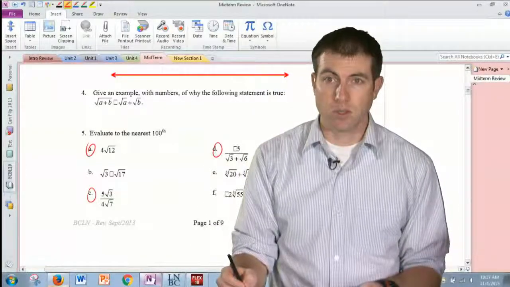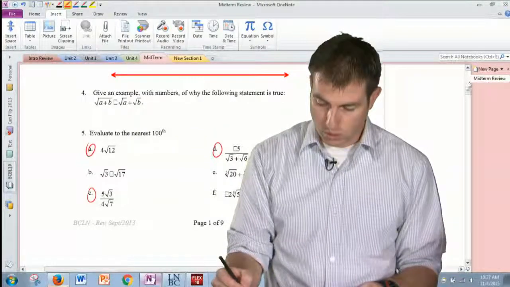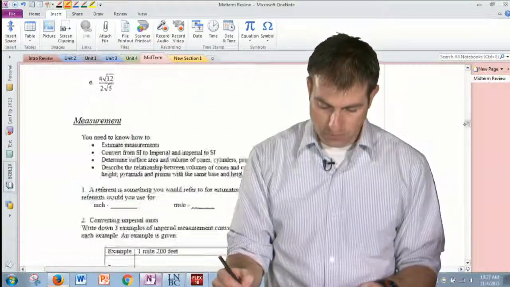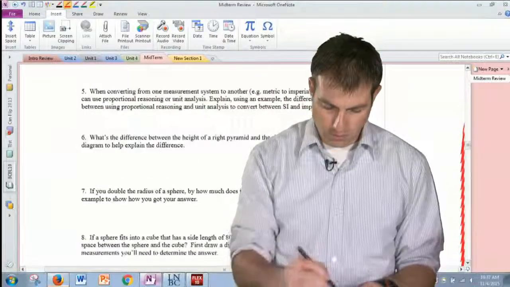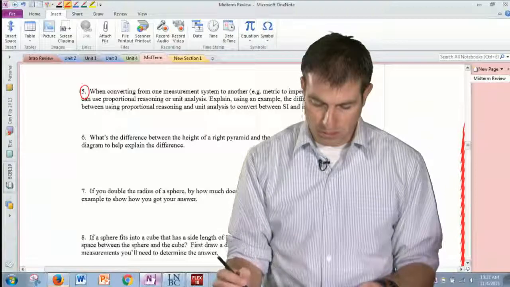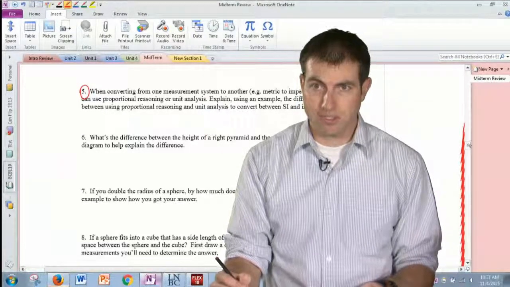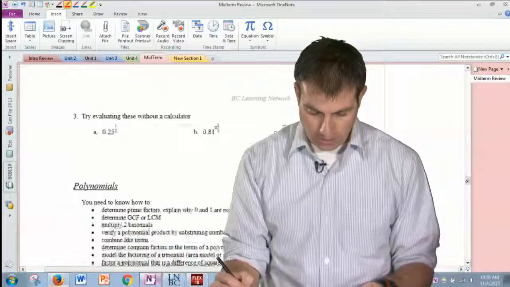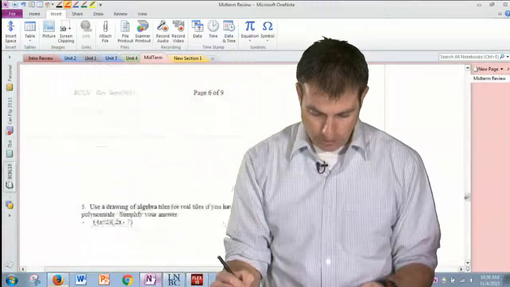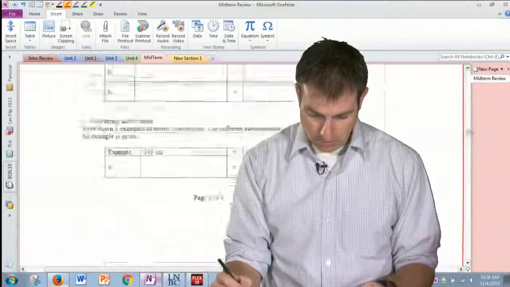And then the next one was page 4, question 5, when converting from one measurement system to another. And then Alex had just in general negative exponent stuff. Let's see if I can find some examples of that.